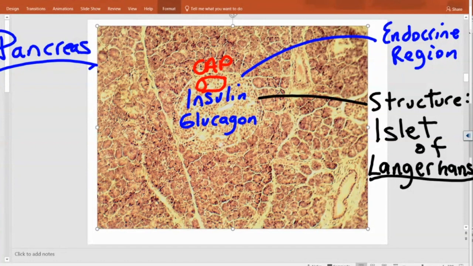Cuboidal epithelium, right? Most glands are cuboidal epithelium. The only one that we really study and see a picture of that's not cuboidal epithelium is which one? Posterior pituitary. So let me ask you, what do you think that means the tissue type is in here? Cuboidal epithelium. It is.